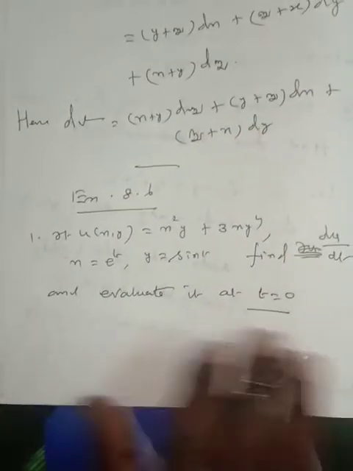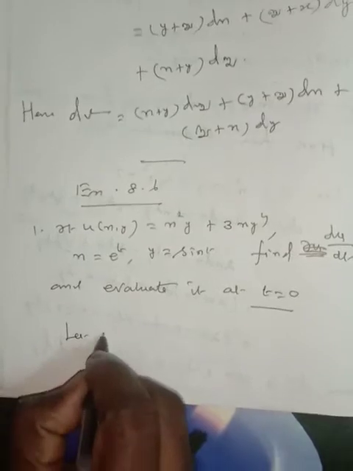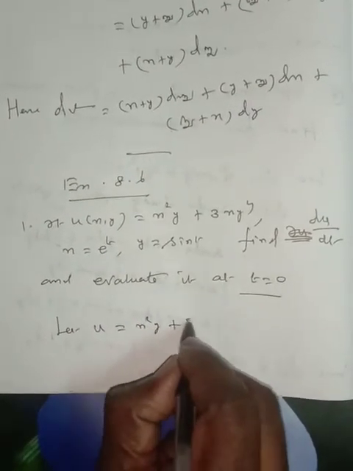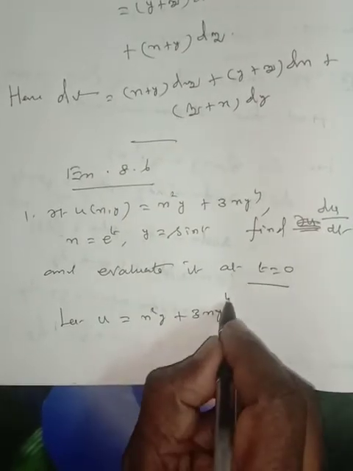Let u is equal to x squared y plus 3xy to the power of 4.